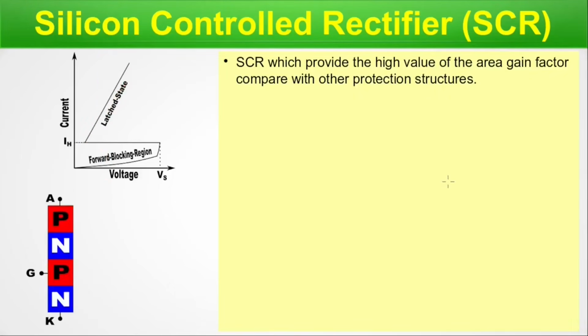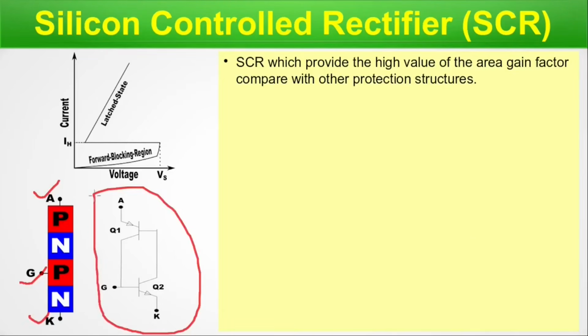Here is the representation of the PNPN SCR structure. We have anode, cathode and gate here, and here is the BJT equivalent of this circuit. In theory we also deal with the BJT equivalence, and that's why I have given this schematic here. Although it is not very important right now for our discussion, just for your knowledge we have posted it here.